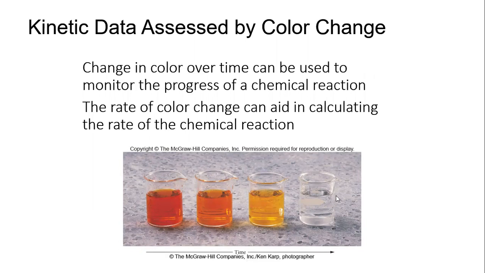So if you were measuring the kinetics, you would start with some known concentration of your reactant, and then you would measure the amount of time it takes to go from this color solution to a colorless solution, and you would record the time. And then you would change the concentration of the reactant, and again measure the time it takes to go from a colored solution to a colorless solution. And you do this for several experiments to get the kinetic data you need for this.